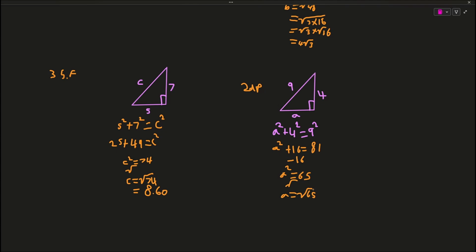Now putting that into a calculator, the square root of 65 gives us 8.06 to 2 decimal places. And that's it for our examples.